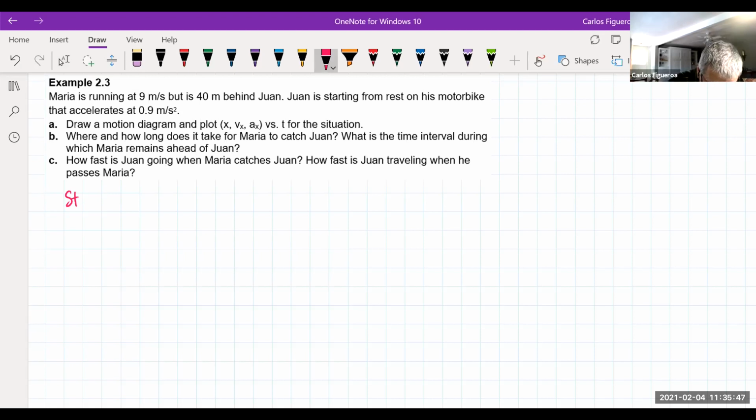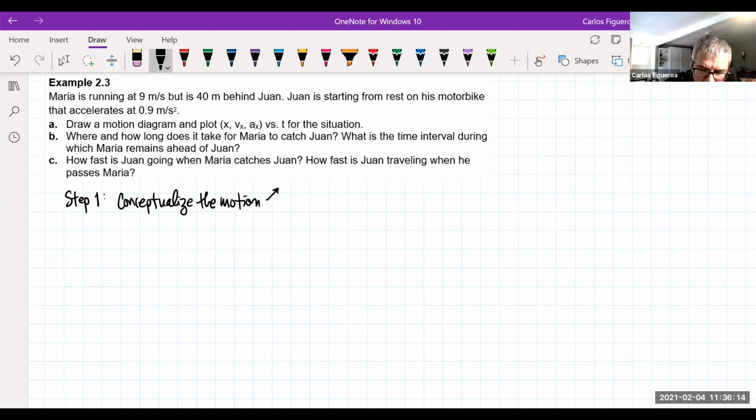So my first step here, right? Step one, when I'm saying draw motion diagrams, I want to conceptualize the motion. And so what that really means here, right?